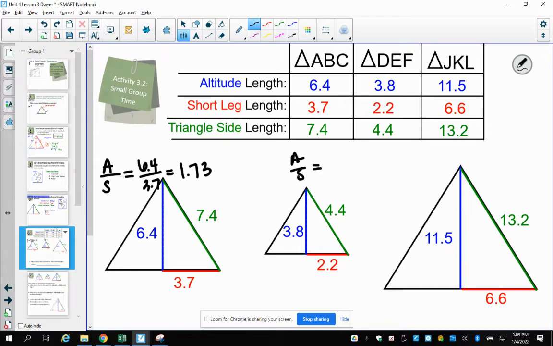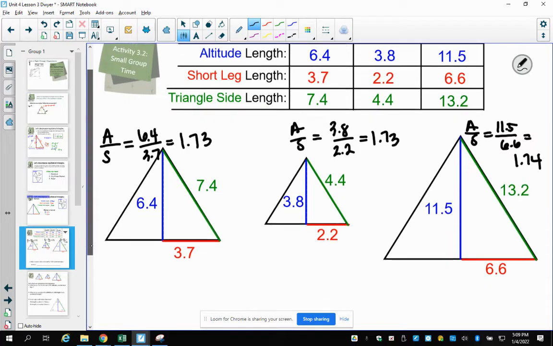Altitude over short in this middle one was 3.8 divided by 2.2, and you get 1.73 again. And altitude divided by short here is 11.5 divided by 6.6, and you get 1.74.